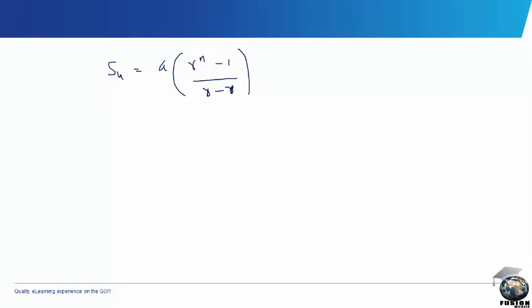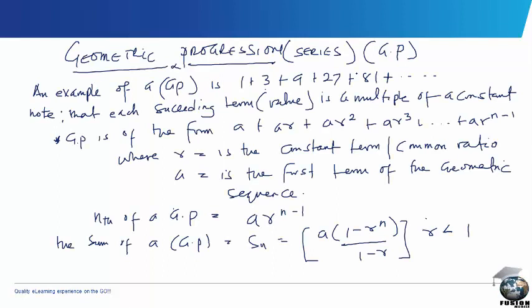We use this if r is greater than 1. So the first one we use when r is less than 1, and the second one when r is greater than 1.